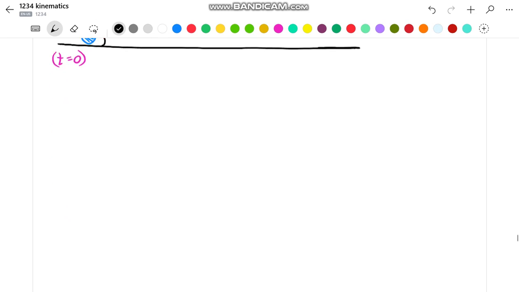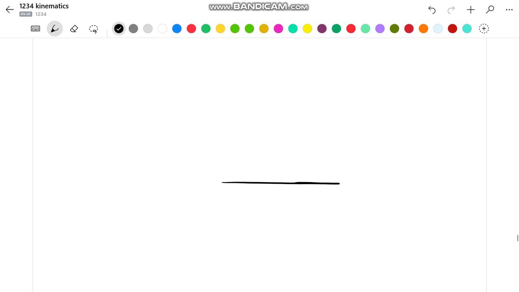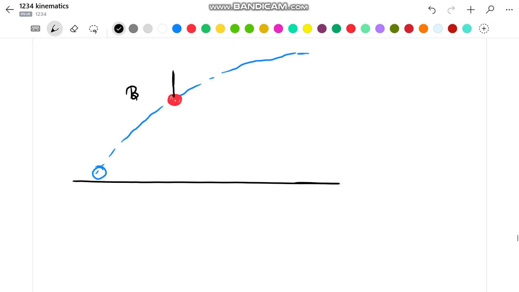So we can say that when the particle was at point B, according to this diagram, its y component of velocity was equal to 10 meter per second.